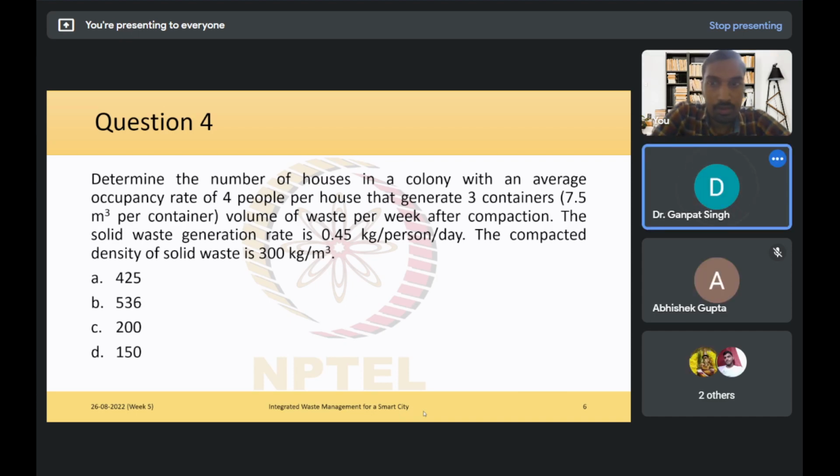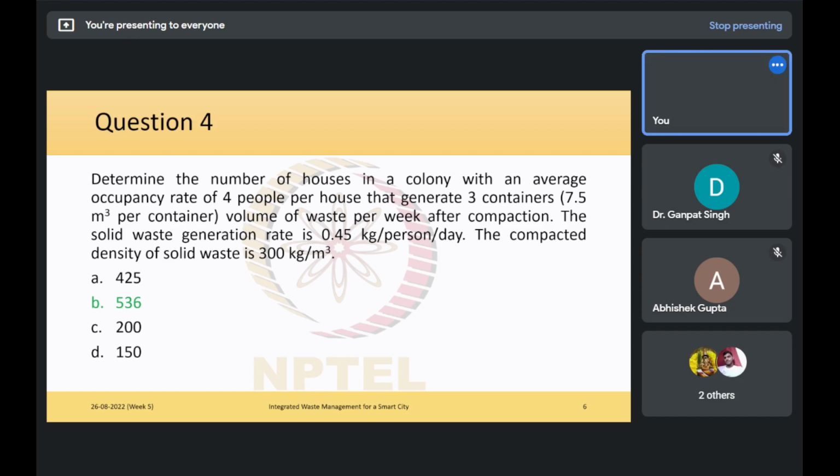A. A, okay, 425. Okay, we have some varied answers. All right, so we'll see what the answer is. It is actually option B, 536 houses. So we'll see how to solve that.